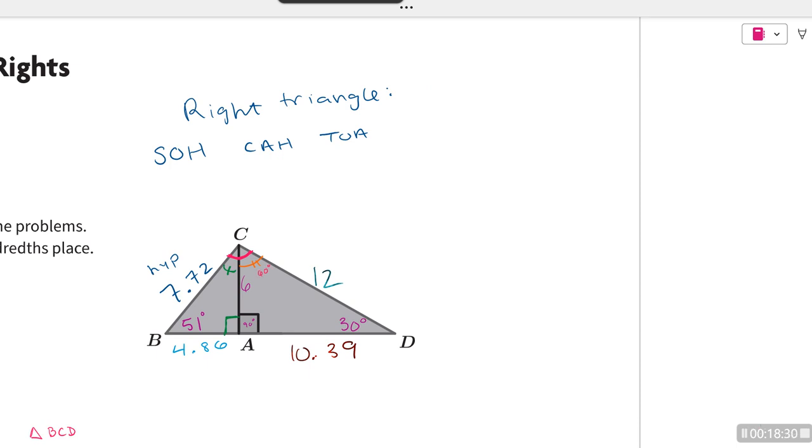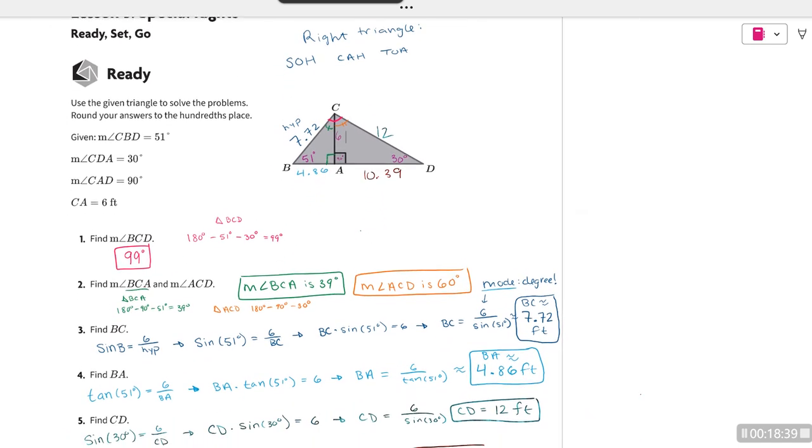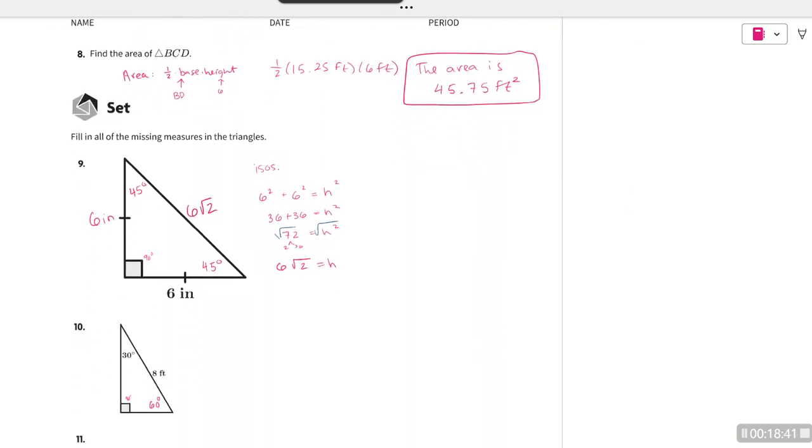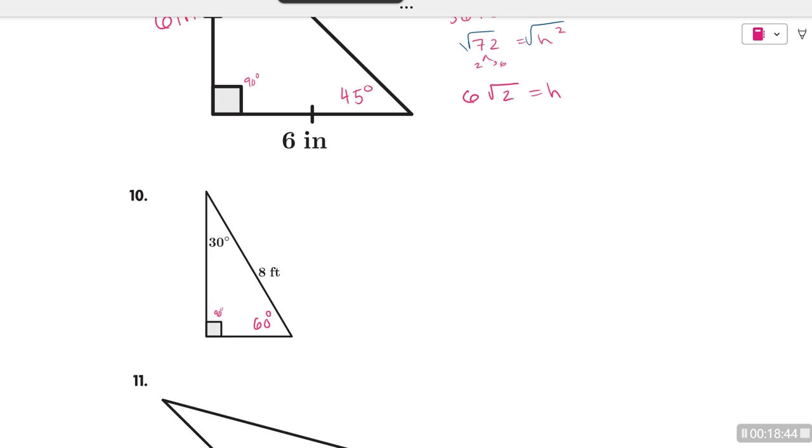We said this was 60 degrees right here. I never filled it in. And notice that the 30-degree angle, when that was 6, the hypotenuse was 12. It was double. So we're actually going to do that same ratio, that if this hypotenuse is 8, across from 30 is going to be half of that. So this is going to be 4 feet.